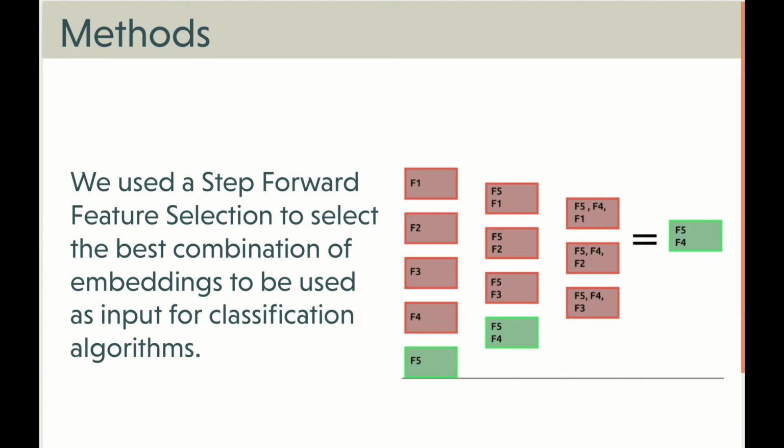When we don't have an improvement of performance, the process halts, and the last best performing combination is chosen. For example, here we see that coupling F5 and F4, we could obtain better performance, but adding an additional feature is not the case anymore. So we need to stop and keep the F5, F4 couple to proceed with.